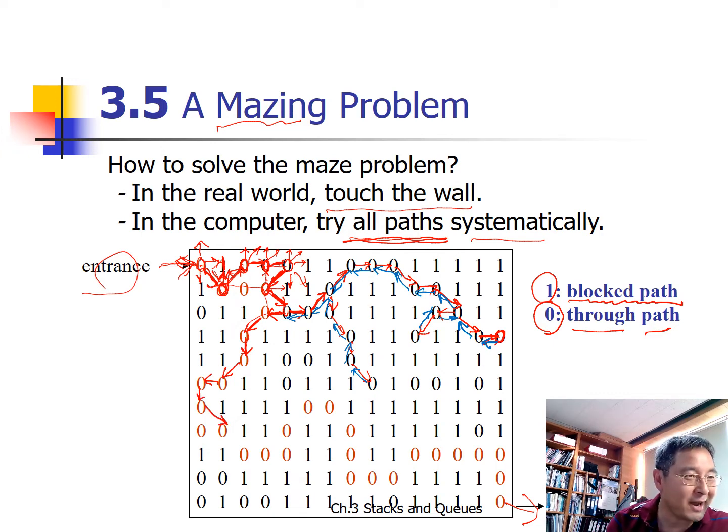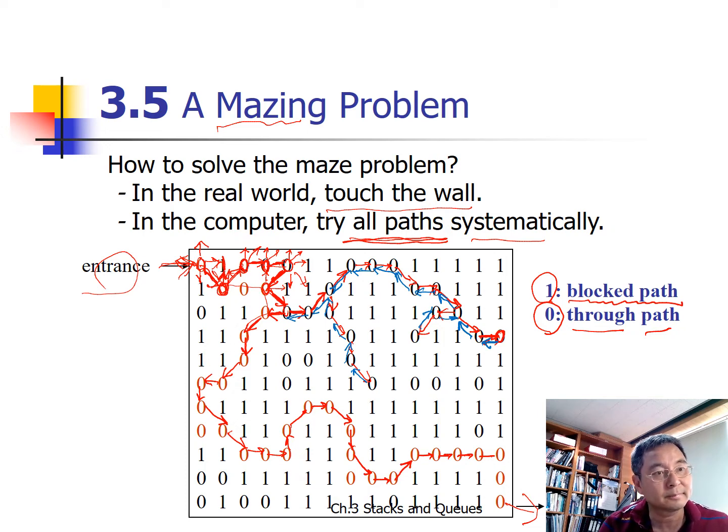Okay, in this way we will find successful through paths. This direction, this direction, and this direction is the first, and then goes here, here, and here. Oh, okay, I'm sorry.